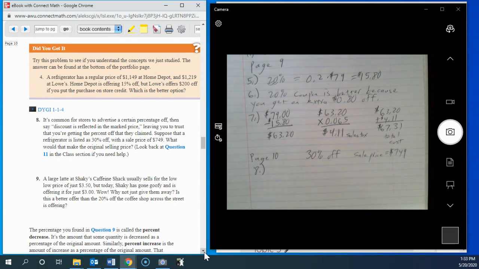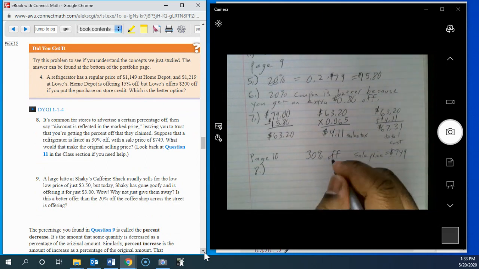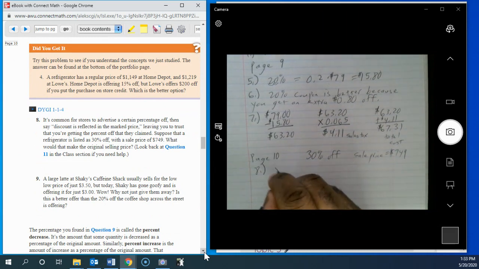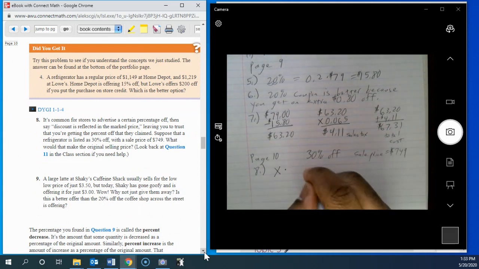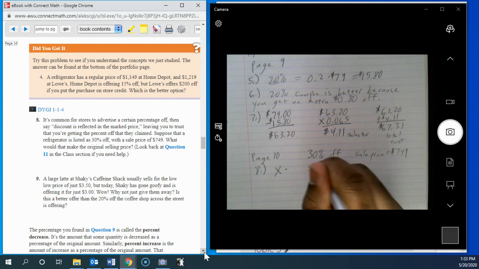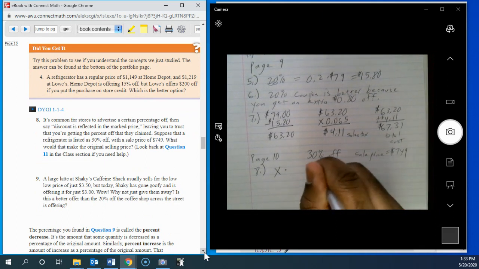So first of all, we do not know what the original selling price is, so we would do that as an X value. X, we know in mathematics, is unknown. And then we would say X times some value is supposed to give us $749.